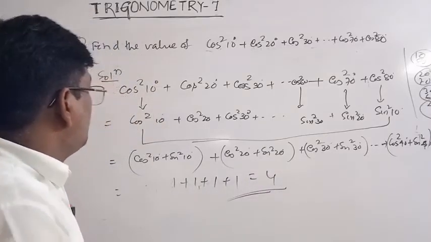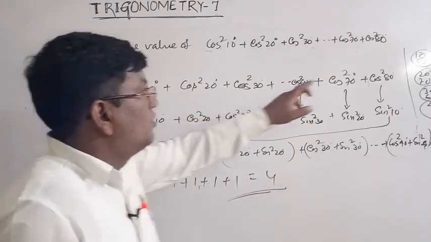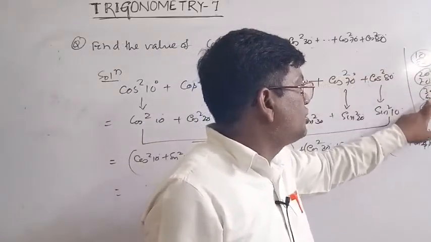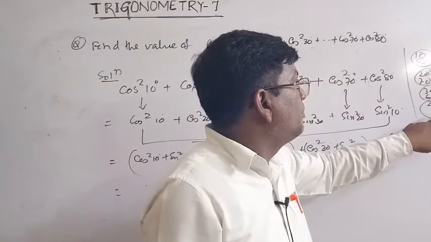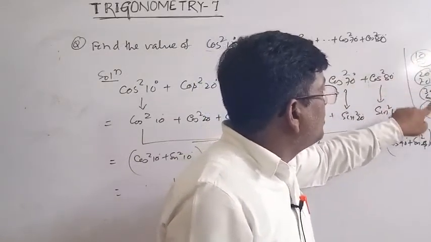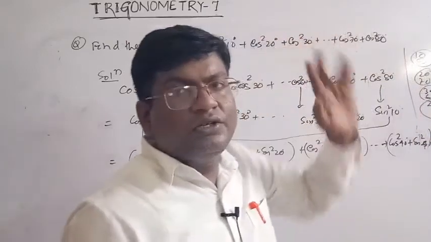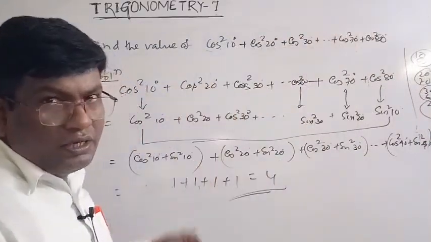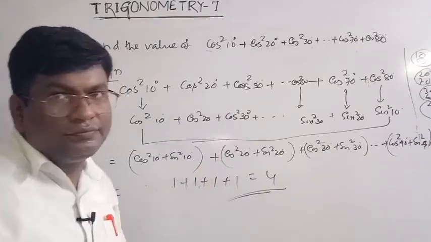Which ones? 10 pairs with 80, 20 with 70, 30 with 60, and 40 with 50. So 10, 20, 30, 40, 50, 60, 70, 80. Correct? So combining two at a time makes 4 terms, and this is the answer, 4.